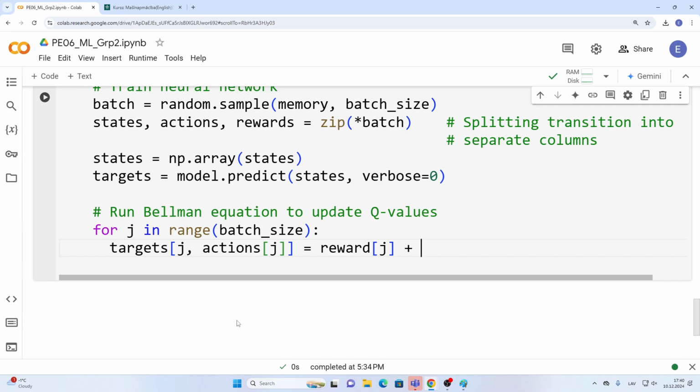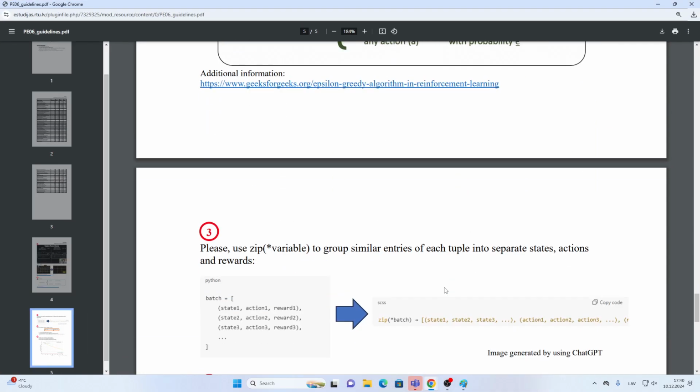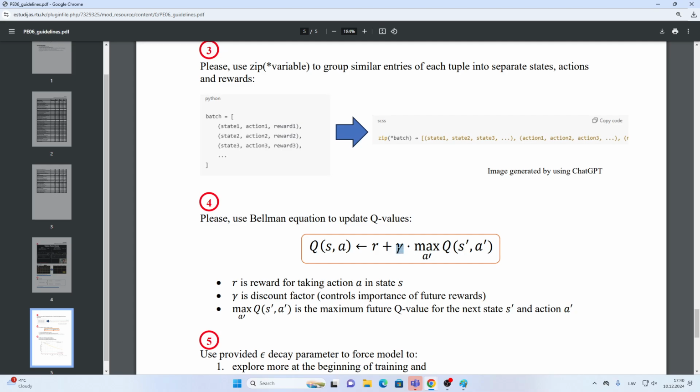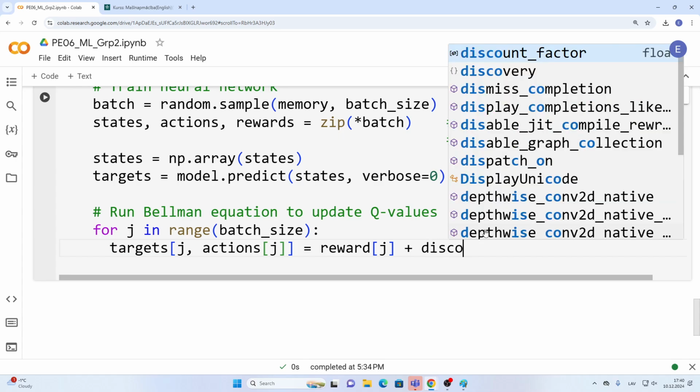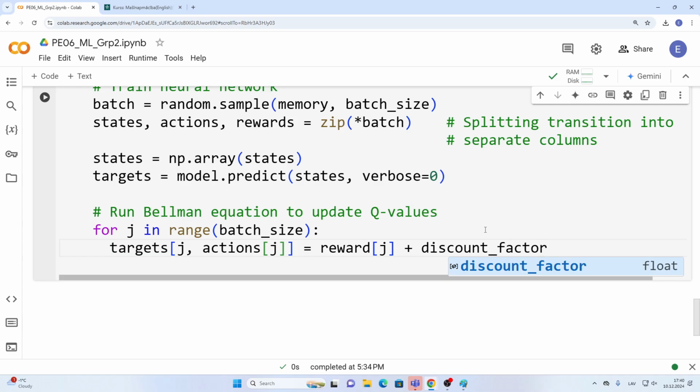So we say then that according to this Bellman equation, yes, what we need to now have is a discount factor multiplied by the maximum targets. Yeah, so Q is our targets essentially, and gamma is our discount factor. So we type it as it says, discount factor multiplied by np.max targets[j].